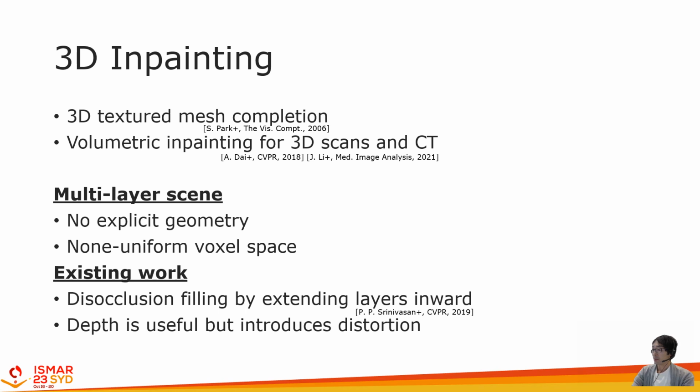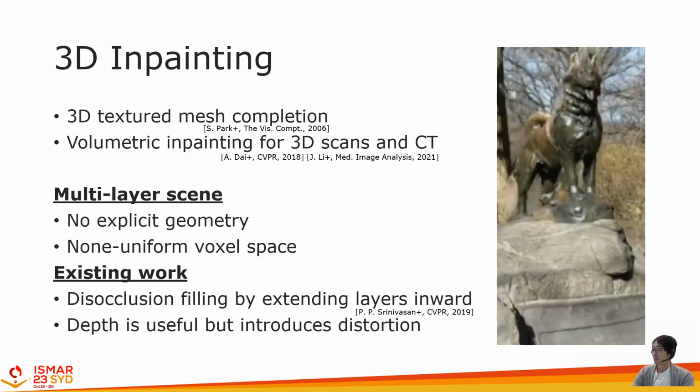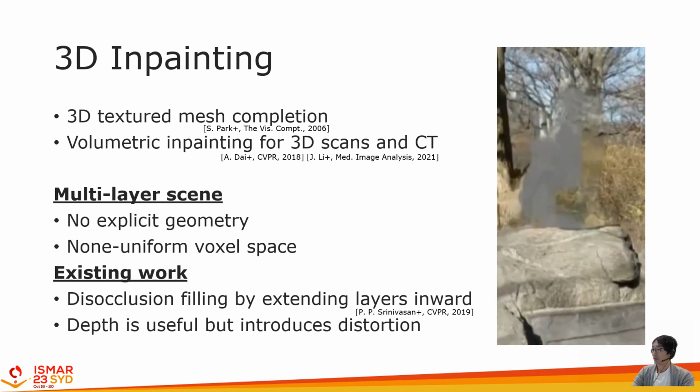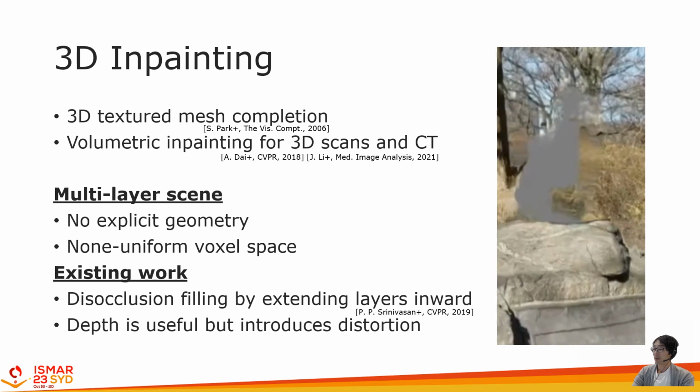The most closely related to our work, in terms of the underlying data structure, are methods that partly fill in the background layers in 3D layered images. However, those works extend the boundaries and do not completely fill in the holes, as you can see in the video.